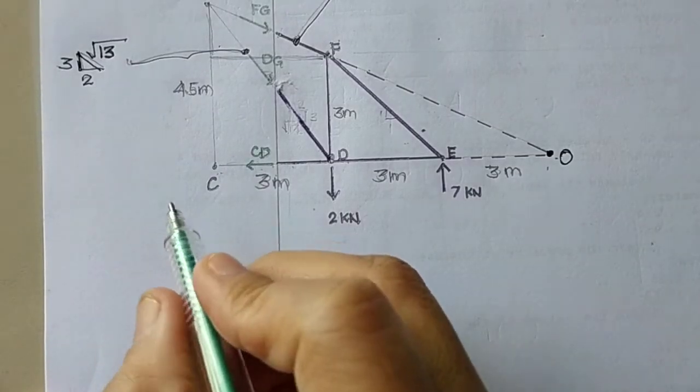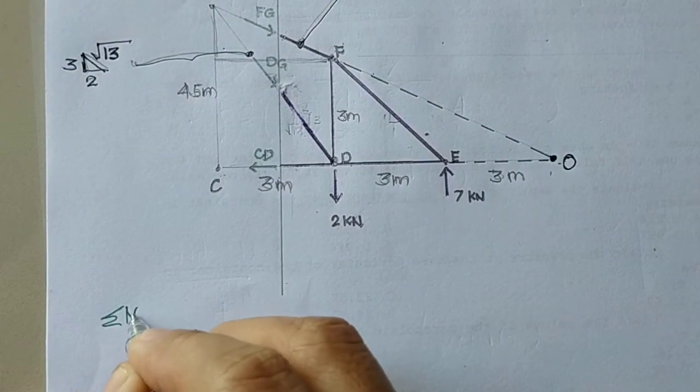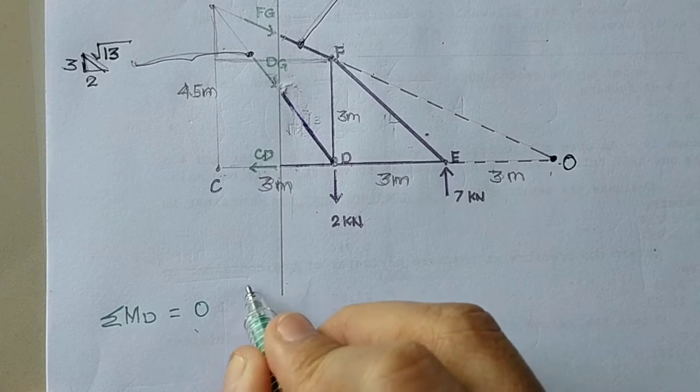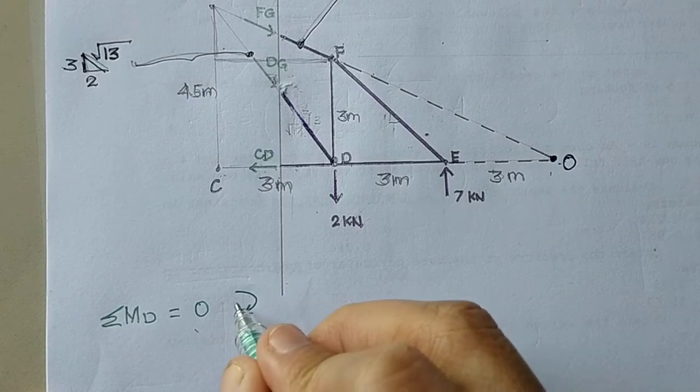Okay, first, summation of moment at point D equals 0. So I will use counterclockwise as positive.